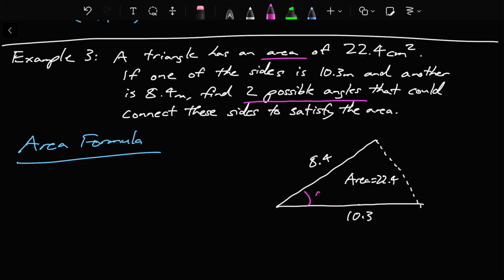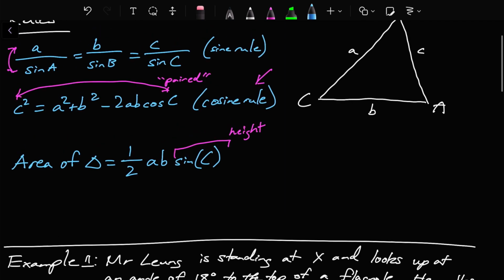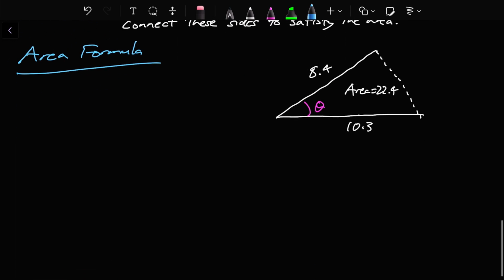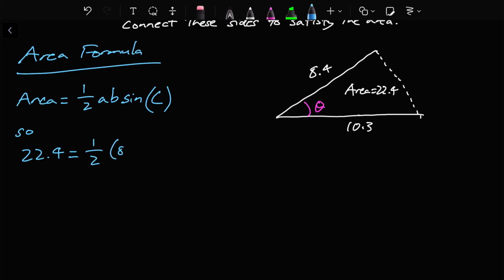And we're asked to find this angle. So we have our area formula that connects two side lengths and the angle in between them up here. So we're going to use it. Area is equal to half AB sine C. And then let's just fill in some stuff. So 22.4 is equal to half of 8.4 times 10.3 times sine C.